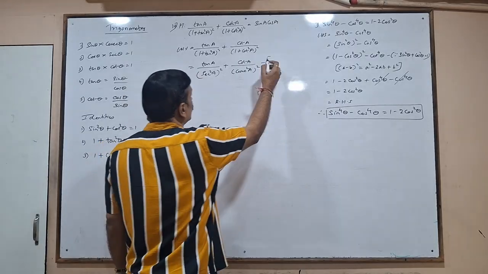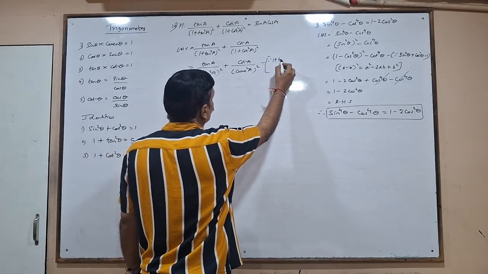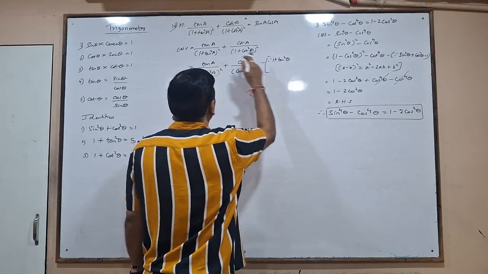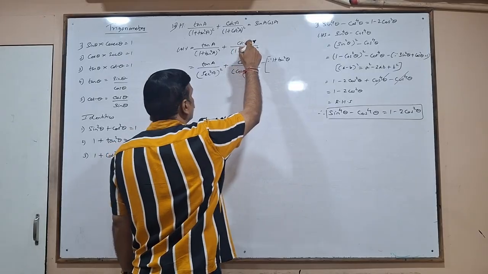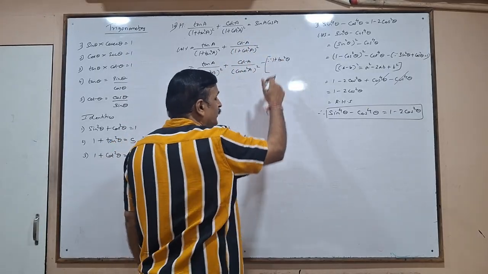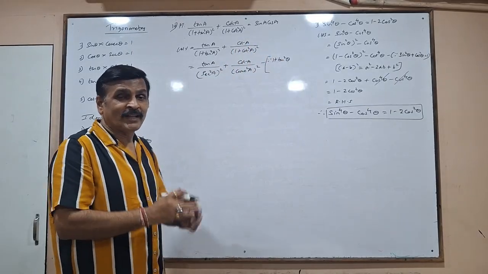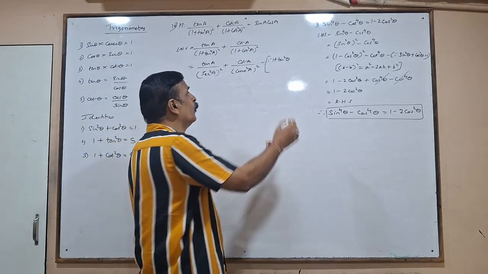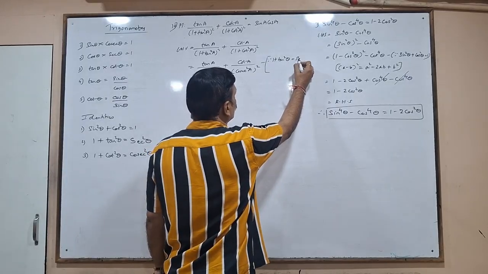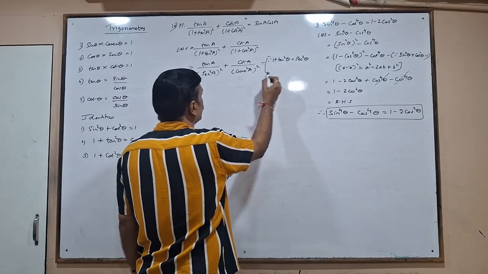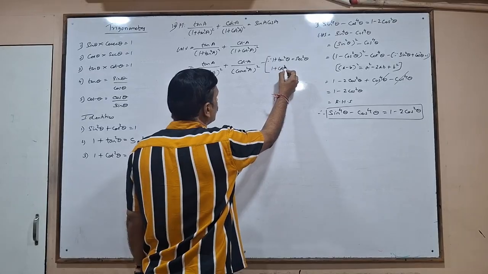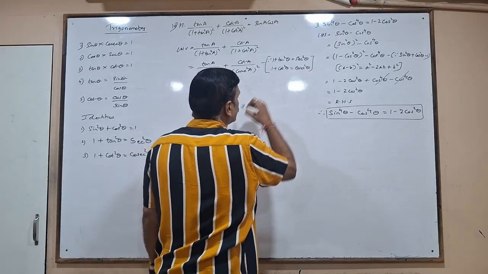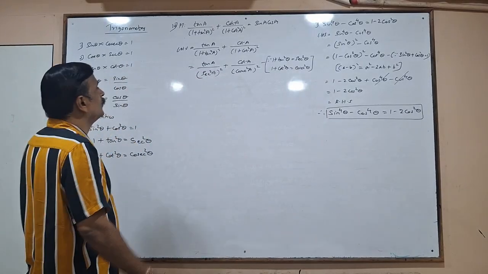Please write down the relation or the identity which you have used, and while writing it, though the question is in A as an angle, you should write it in theta, because the identity is always written in theta form. 1 plus tan square theta is equal to sec square theta we have used, and 1 plus cot square theta is equal to cosec square theta, these two identities.